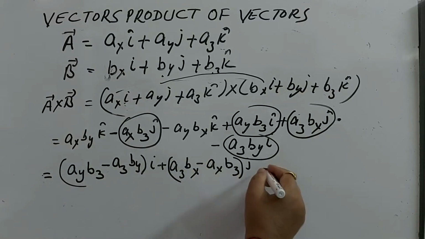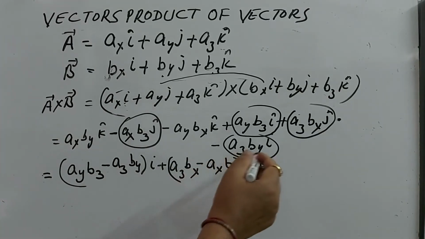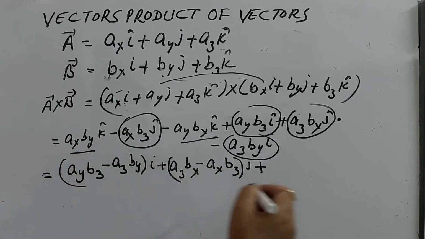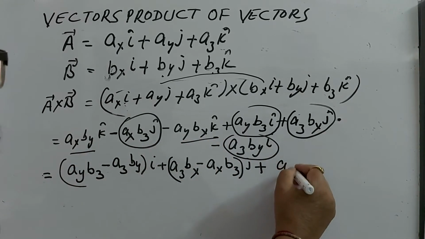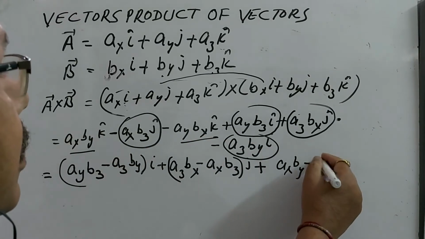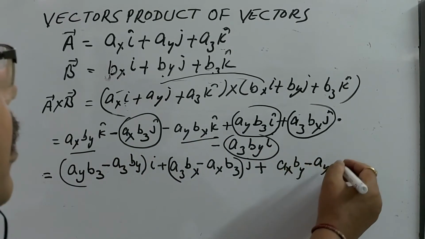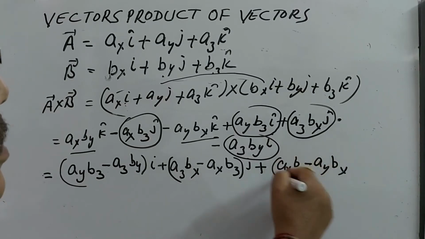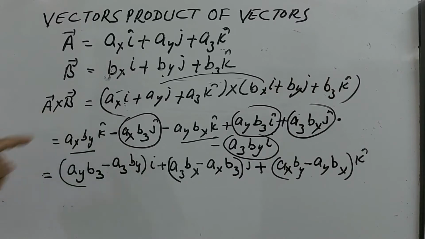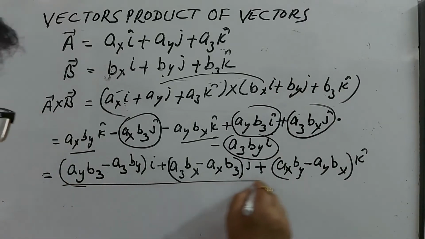And in the third, for k, in these two, we write ax by minus ay bx, and this is k. So a cross b can be written like this.